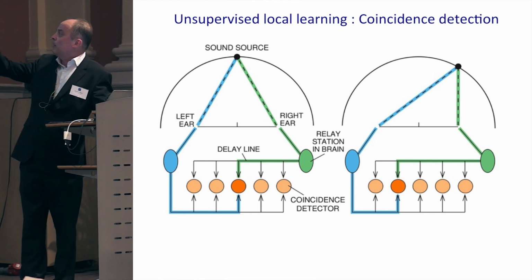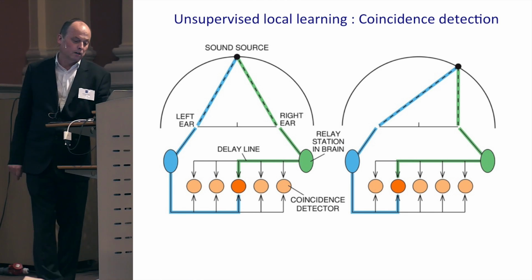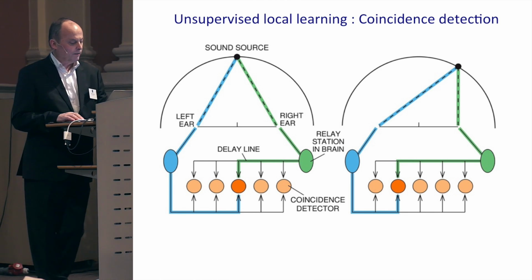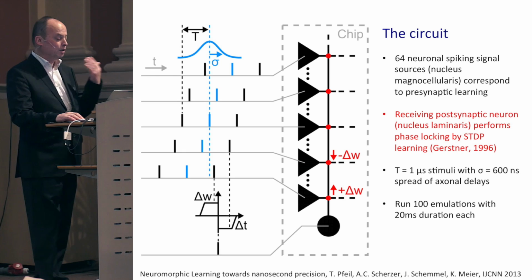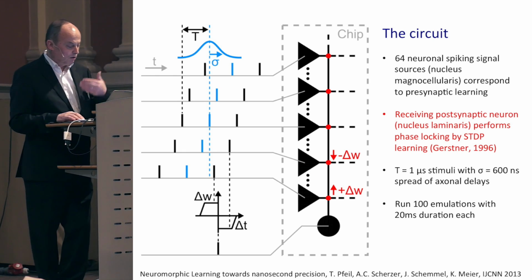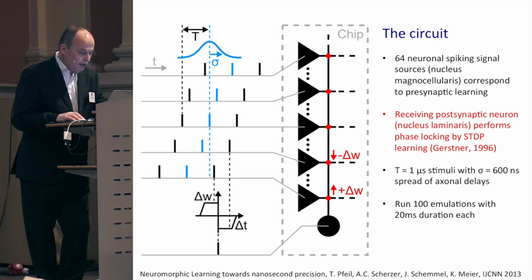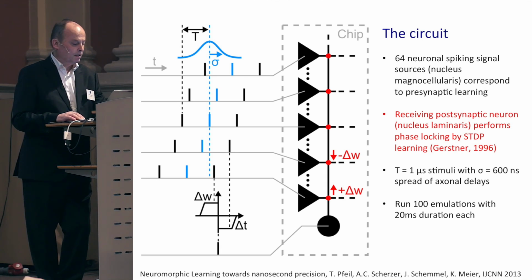Then by a correlation method, a coincidence method, in the brain, these are neurons there, this flight time is compensated by finding the coincidence of the long flight time from the right ear and the short one from the left ear. There's a circuit that can be implemented on a neuromorphic chip. Without going into details here, it's implementing this coincidence by what's called phase locking through spike timing dependent plasticity.